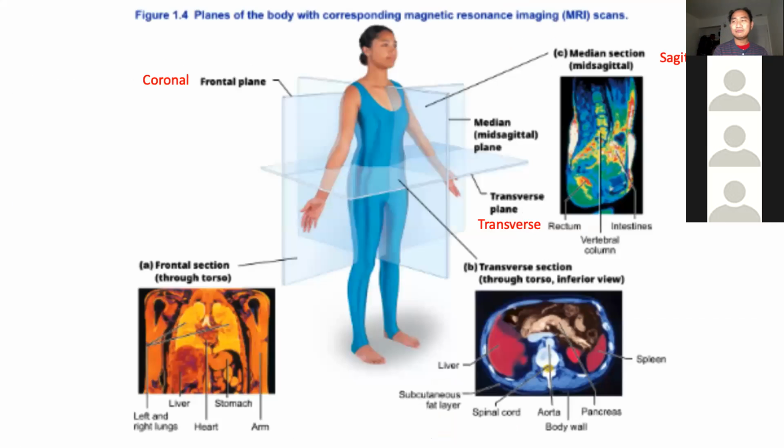Here, a little bit of repetition about the coronal plane, sagittal plane, frontal plane, and transverse plane. Everyone gets confused to some extent with the transverse plane. And here, this is the transverse section. This is written here liver, and this is written spleen.